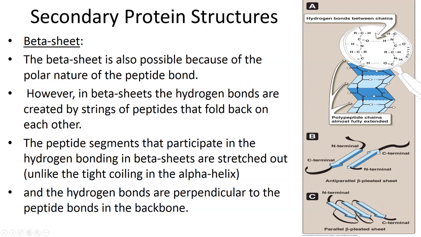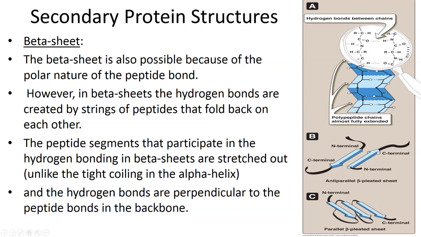So they could potentially be a fair distance apart, whereas the alpha helix is always right next to each other, right? It's always a region right next to each other, that tight helix. These, because they're folding back, could be somewhat of a distance apart. You could potentially even have two ends of a molecule coming back and folding back and making a beta sheet. But most of the time, they're still relatively close together.